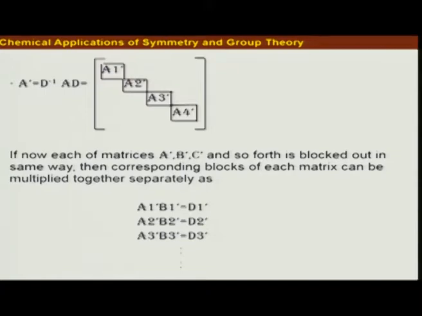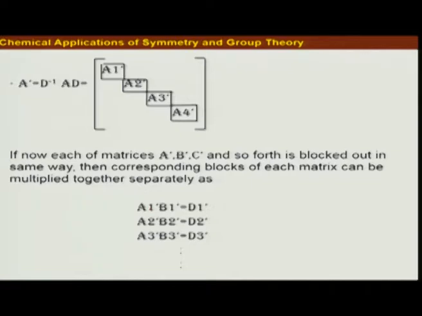So I have, say for example, here 4 blocks: A1 prime, A2 prime, A3 prime, A4 prime, and all the other matrices that are generated, say for example B prime or C prime and F prime, and so on, will also be block factored in the same way. Now, in that case, we can again combine these newly formed matrices very easily.